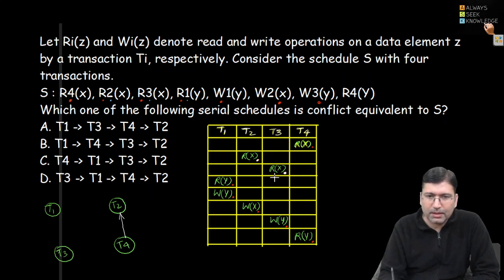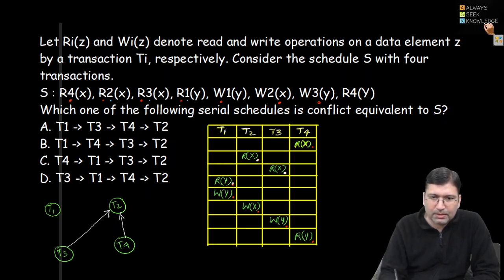Read X in T3 will have a conflict with write X. T4 doesn't have any write X. T2 has write X, so there will be an edge from T3 to T2. And T1 doesn't have any operation on X.